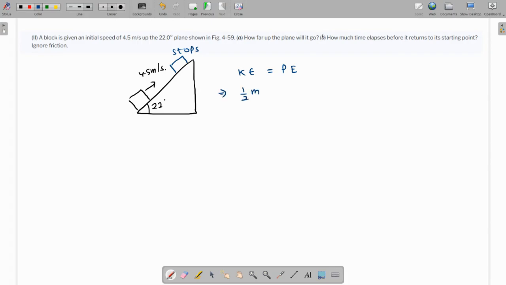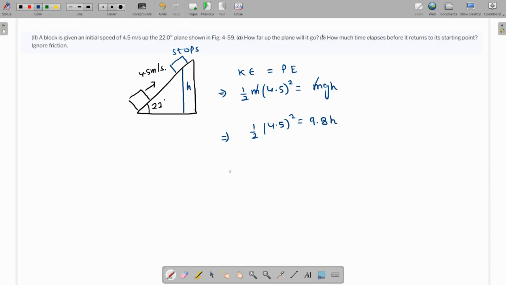So half m 4.5 squared is going to be mgh, where h is the height to which it has reached. This vertical height is something we are going to find from here. The m and m cancel, and the value of g is 9.8.